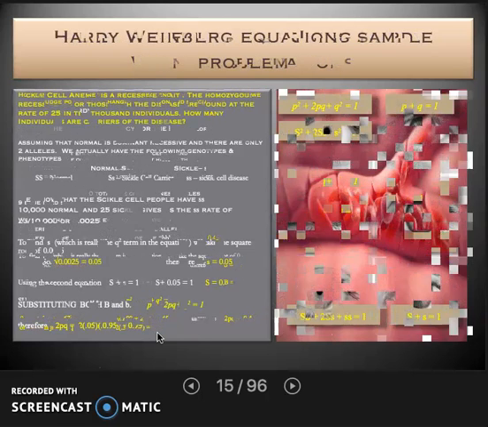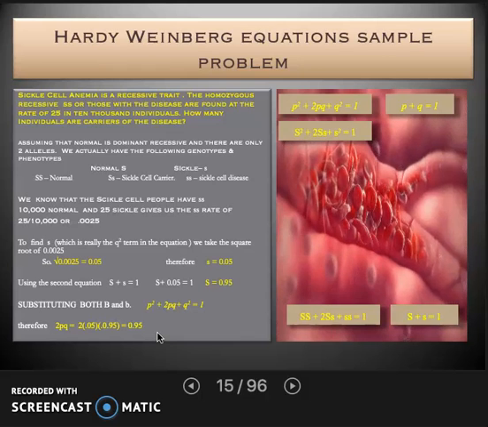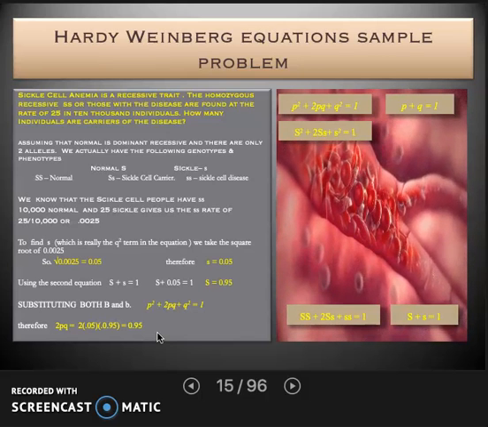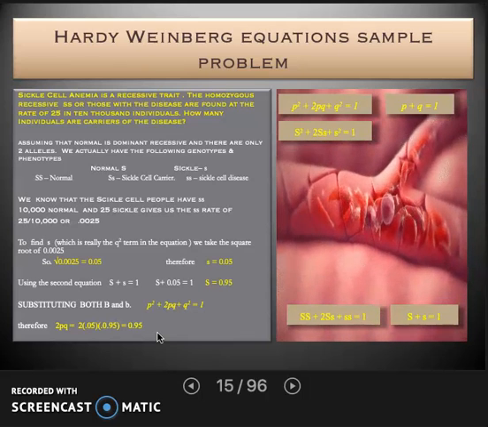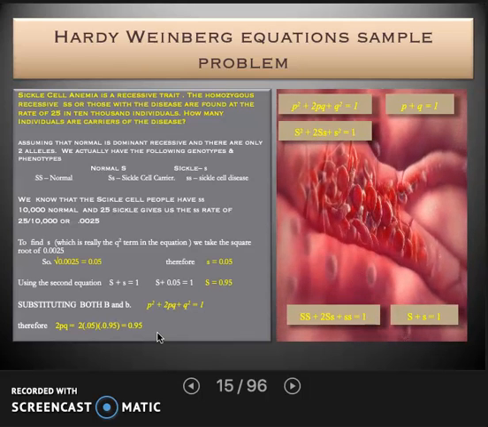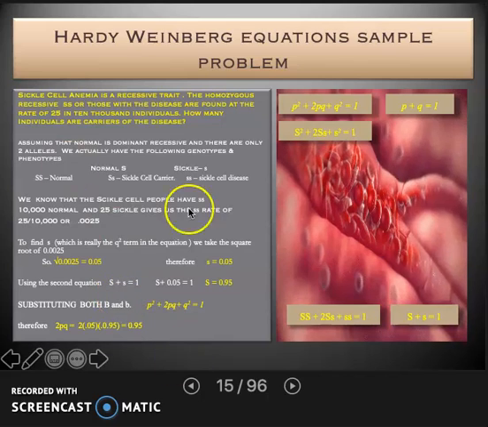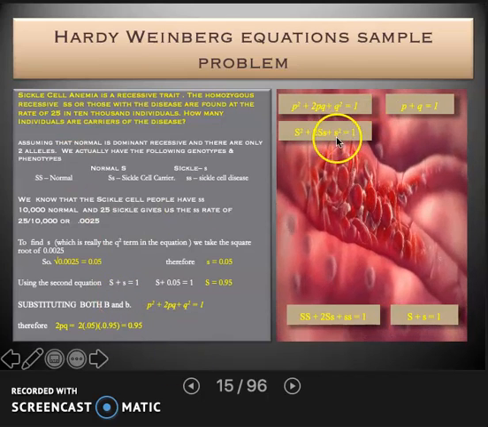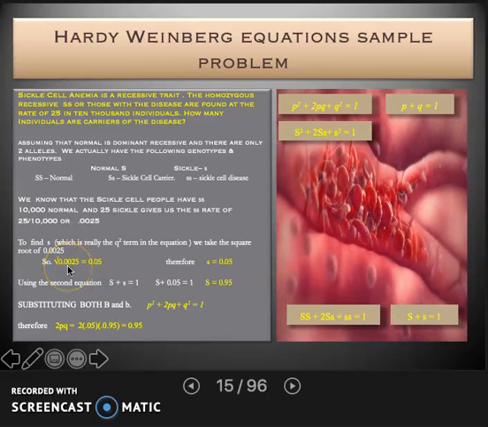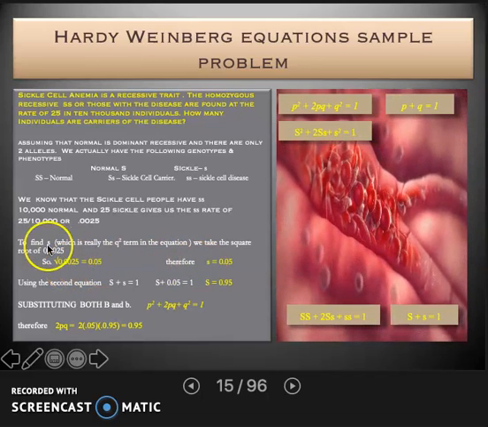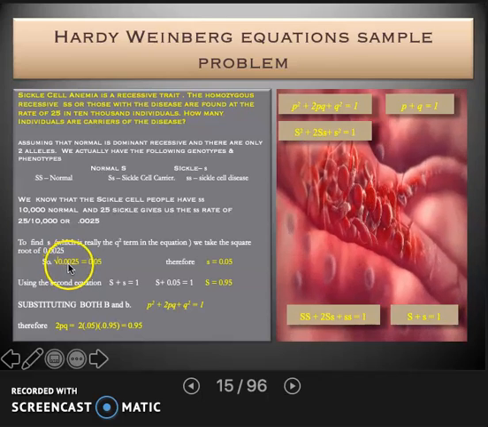Let's do another question. Sickle cell anemia occurs in 25 of 10,000 individuals. How many carriers are there in a population? I know little s squared is 25 of 10,000, or 0.0025. To find s itself, I take the square root of that.